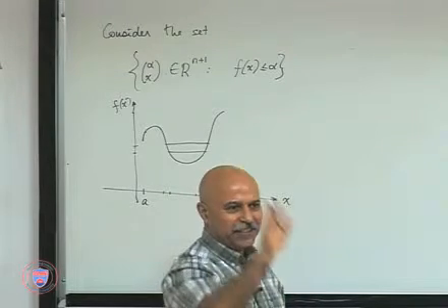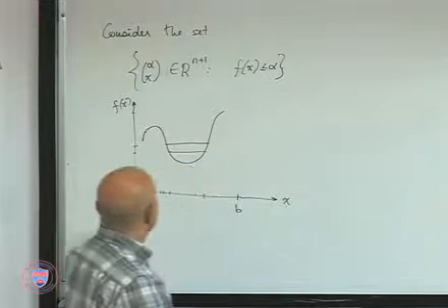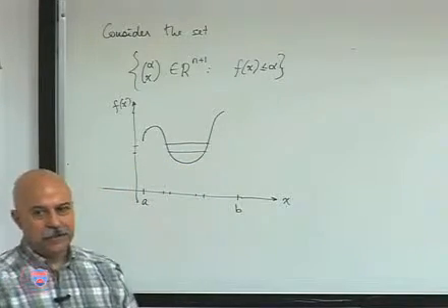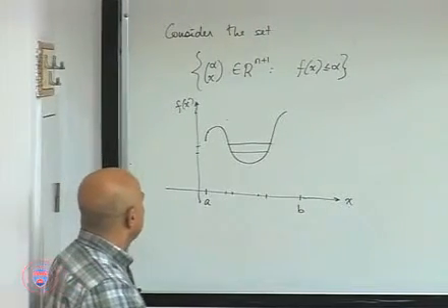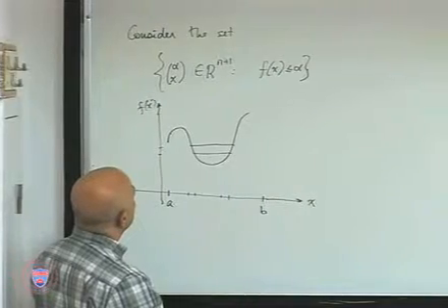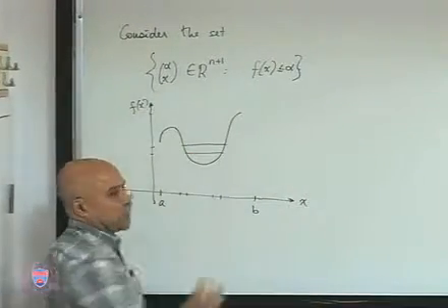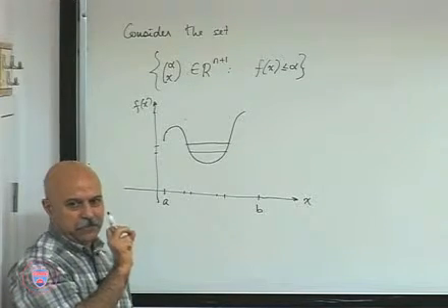Is that the corresponding function? No, it's not. It doesn't have to be. So alpha is not a fixed point here. In the other one, alpha is a fixed number.